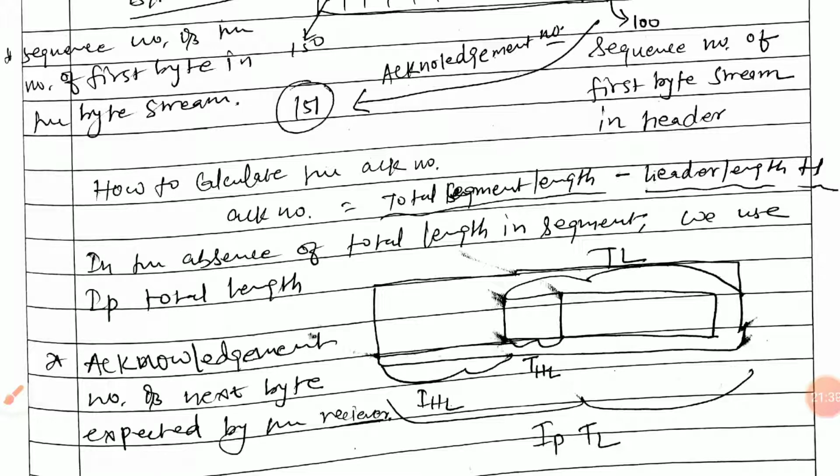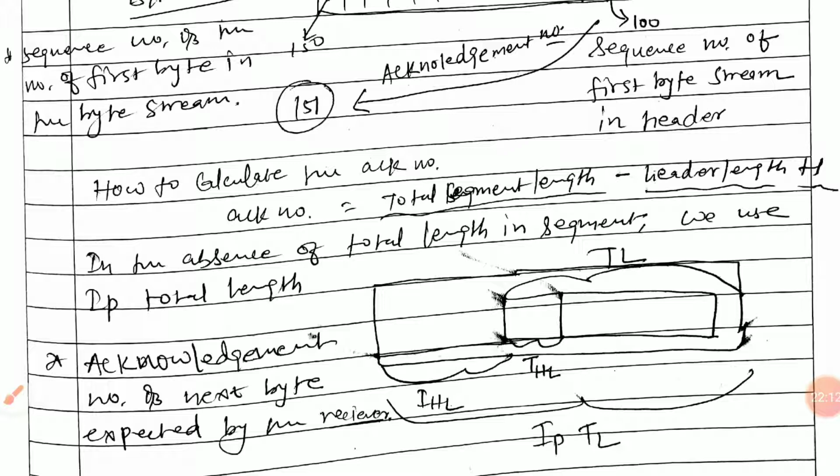There is another option. If I have the total length of the segment minus the header length, which as you know we can see in the fourth row, first part, then if you subtract the header length from the total length and then add one, we get the acknowledgement number. But unfortunately in your header there is no field called total segment length.